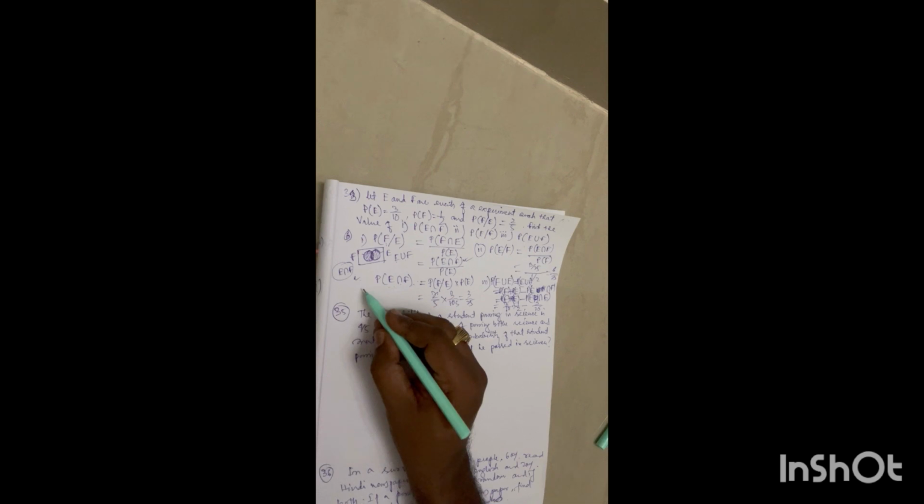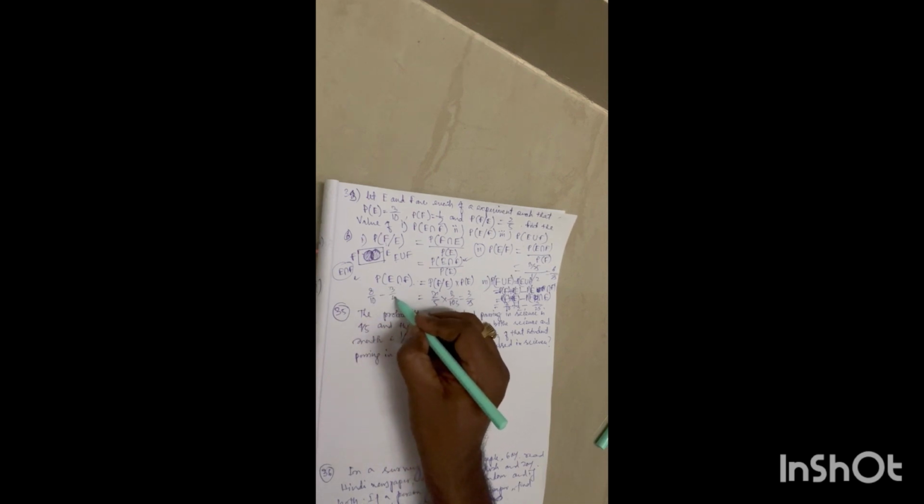We can put them interchanging the places also; there is no harm in it. And probability of F ∩ E we already calculated for the first case, where E ∩ F and F ∩ E are the same: 3 by 25. So if you calculate, how much will this give? 3 by 10 plus 5 by 10 is 8 by 10, minus 3 by 25.